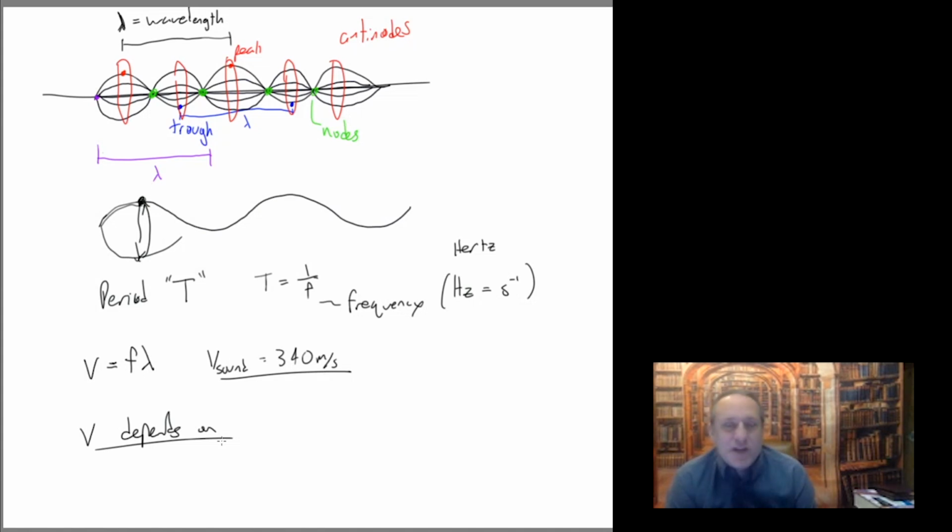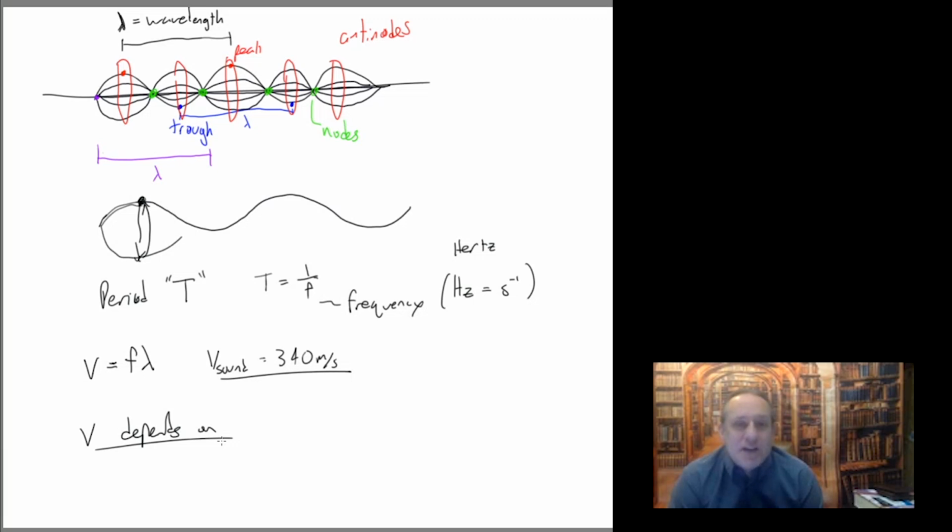What are the things that you can do to make a string higher pitch? What property of the string makes it higher pitch? What do you do to make it higher pitch before you even start playing? Like when you're tuning? I mean, that's just making it tighter.